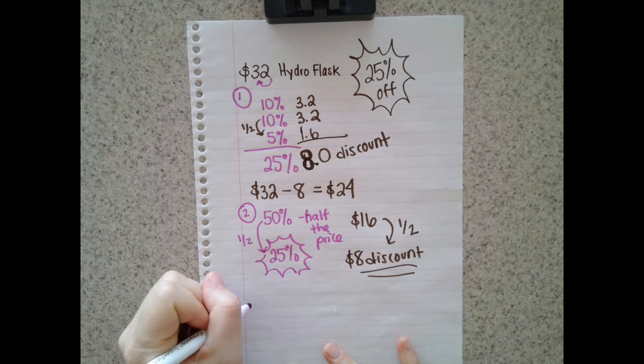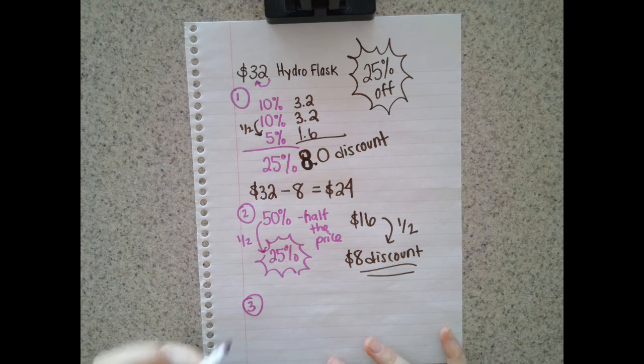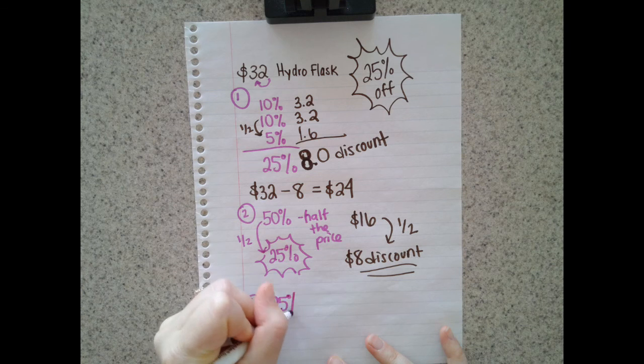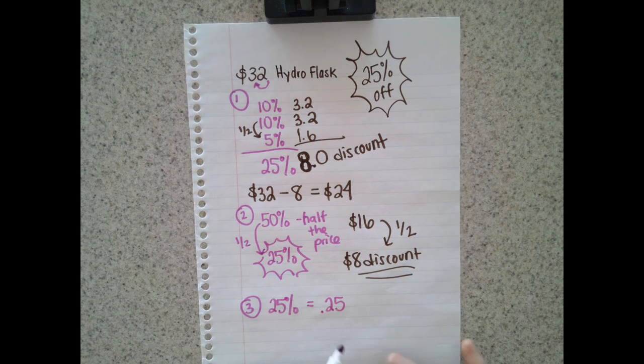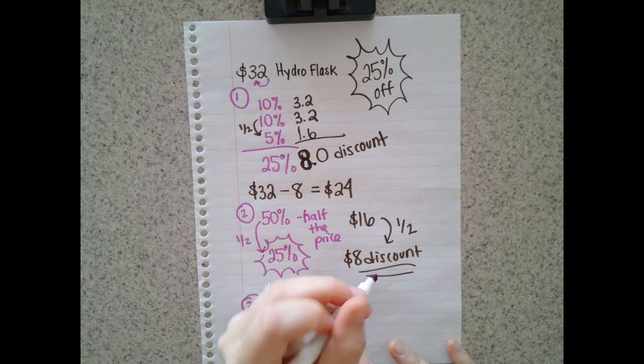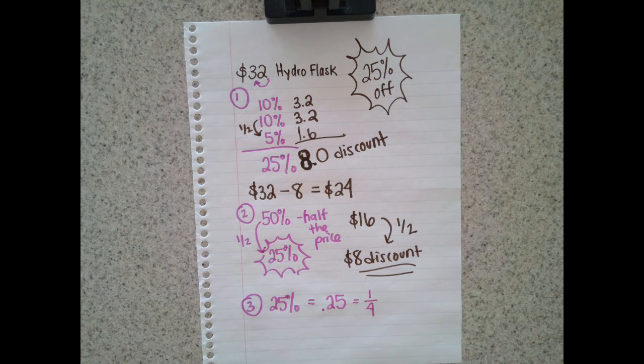All right, a third way, not to overwhelm you, just to show you some options. 25% is the same thing as 0.25 written as a decimal, which is the same thing as a fourth written as a fraction. 25 cents is 1/4 out of the total 4.